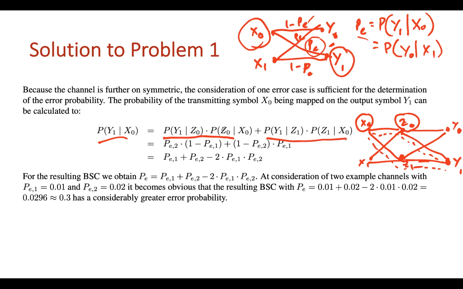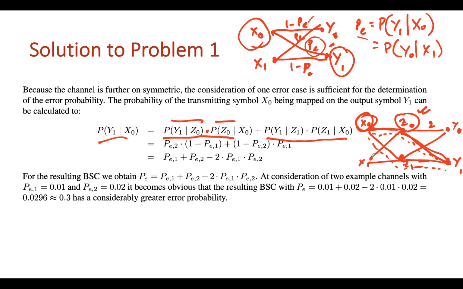So the probability of y1 given z0 at the input of the second channel, times the probability of z0 given x0. This arm and this arm are given by these two probabilities, they are independent, so you multiply them.